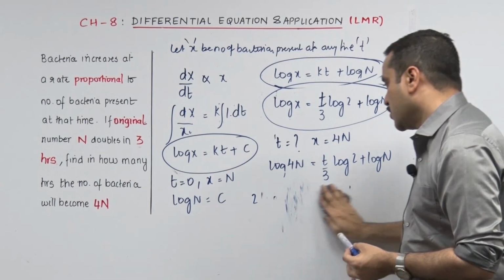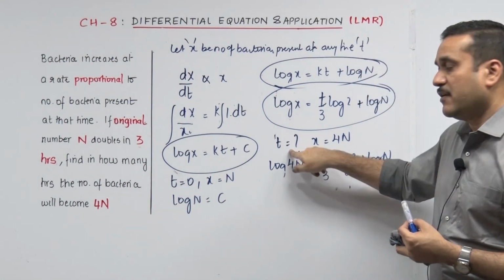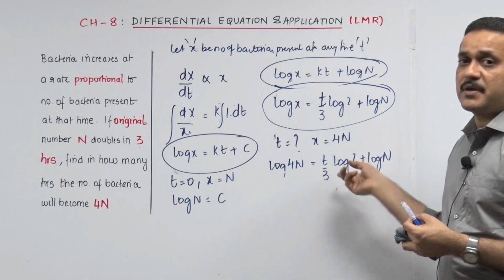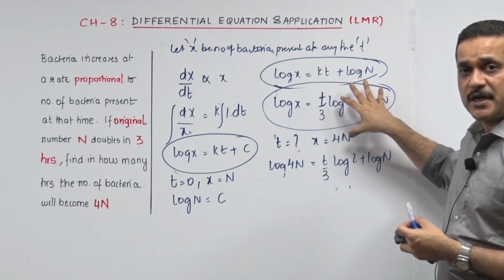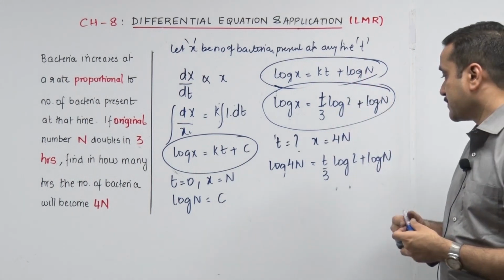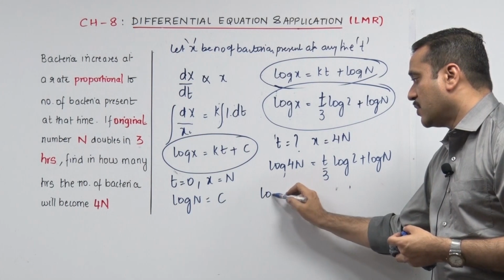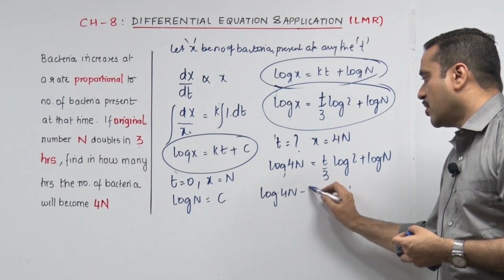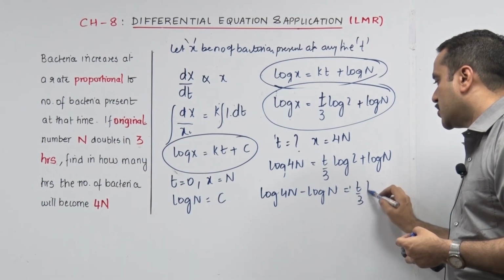Oh, you missed out. Okay. We were supposed to find in what time the number of bacteria becomes 4n. Let's do it. Push our x as 4n in the final upgraded equation. So now we push log n on that side for the reasons very well known. Log 4n minus log n, we make it 1 log, equal to t by 3 log 2.